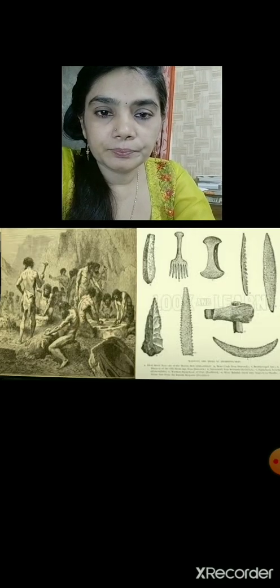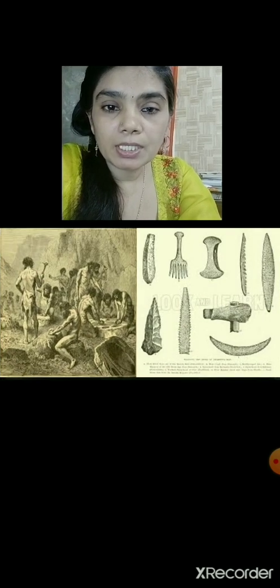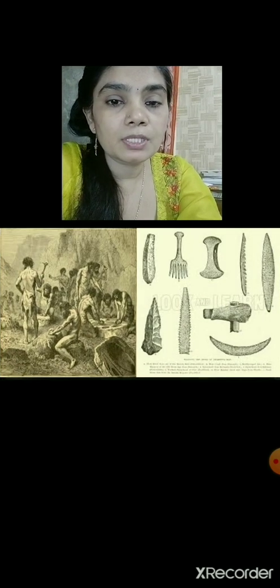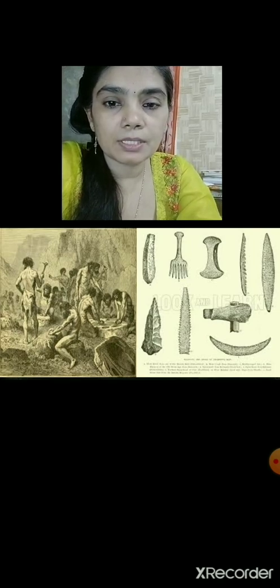You can see in this slide how early humans are hunting the animals. After they kill the animals, they remove the skin and wrap it around themselves to protect themselves from the cold. And here you can see the early human making his tools and weapons.